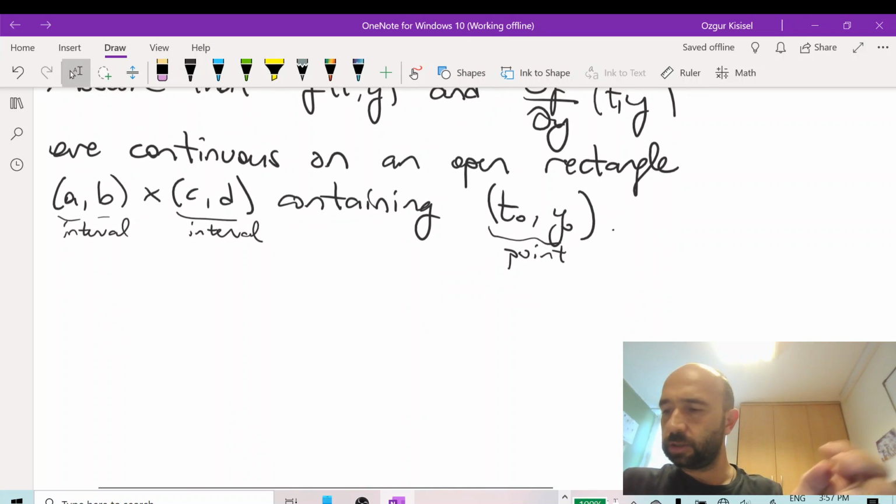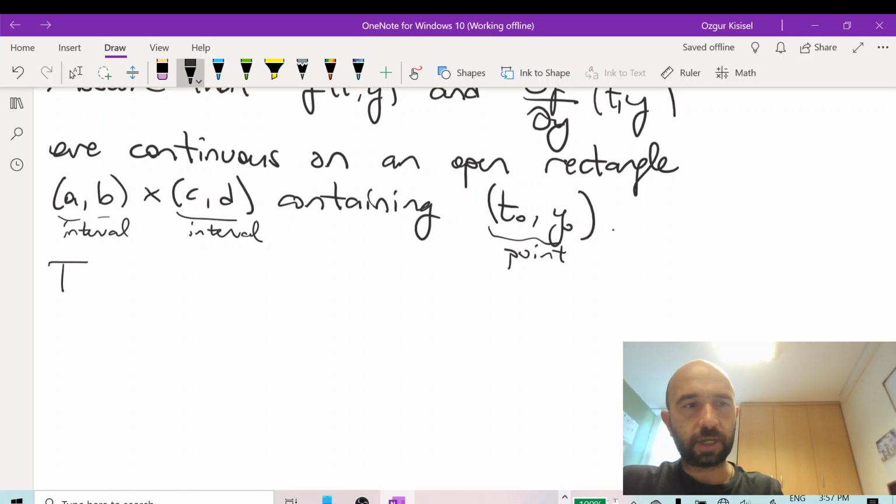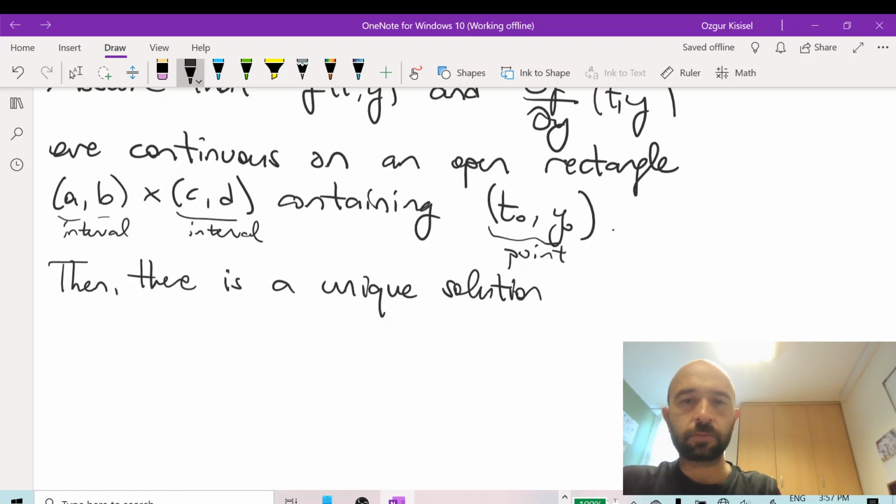Under this assumption, then there is a unique solution of this initial value problem.